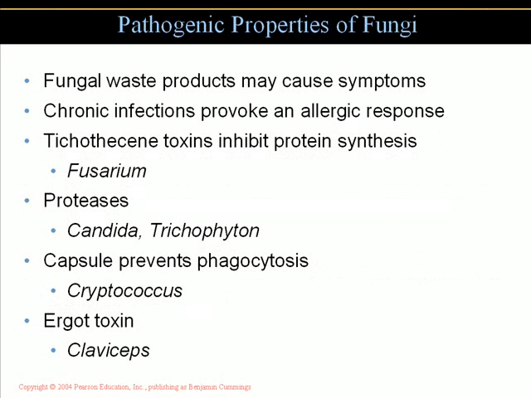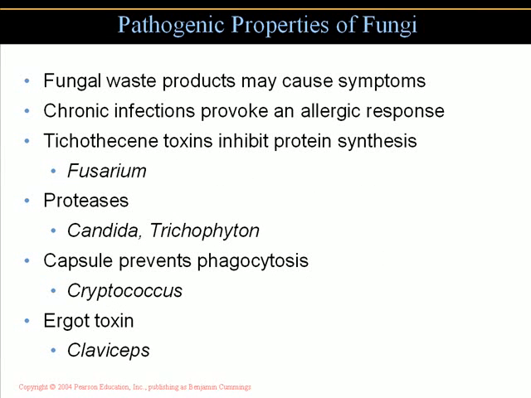So, pathogenic properties of fungi, just in review: fungal waste products may cause some symptoms. You can see chronic infections that promote an allergic response. There are other toxins that will inhibit protein synthesis: trichothecenes, fusariums. There are proteases that are produced.